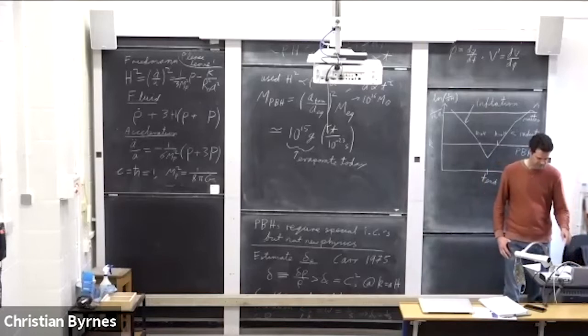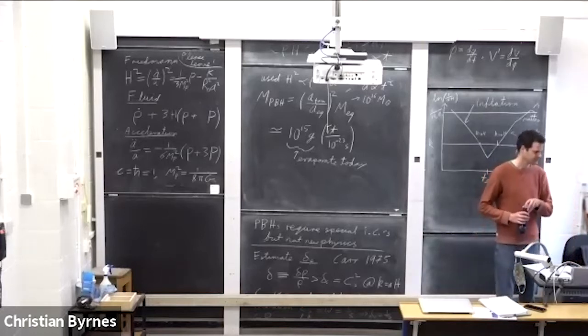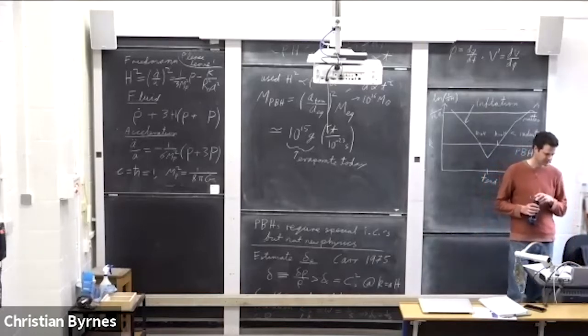I also have a question. I'm a bit confused about the values of the density contrasts you spoke about, because I know, for example, in the spherical collapse model, where you think of some overdensity collapsing on the matter-dominated background, the value for the density threshold is 1.6.